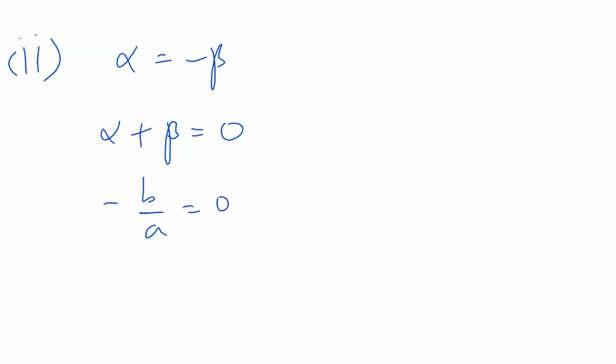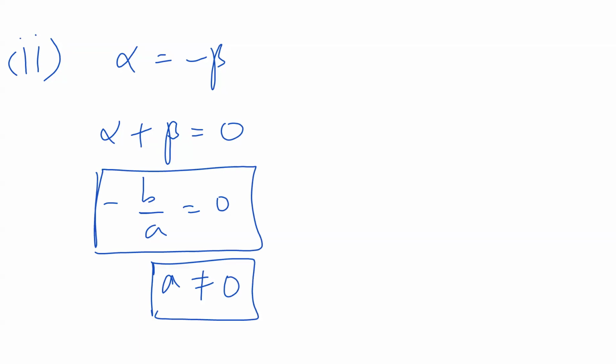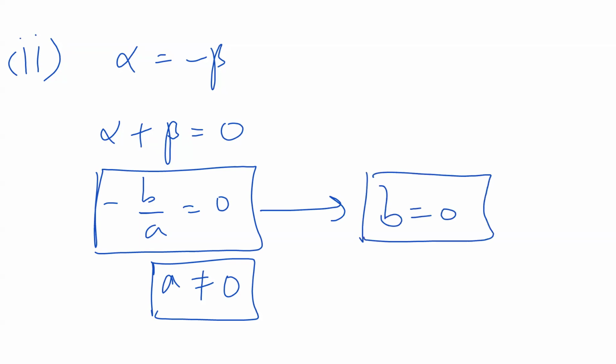Here also a cannot be 0, because B upon 0 will not be defined, but we require 0 over there. B can be 0, and B has to be 0, because only if B is 0 will 0 upon A be 0. So these are the two conditions: B is equal to 0 and A is not equal to 0.